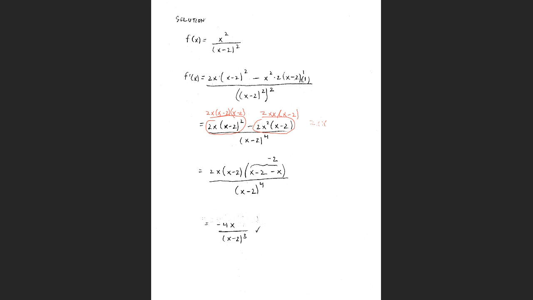So I've written each term out in the factored form. And what I do is I say, okay, they each have a 2. They each have an x. And each of them has an x minus 2. And so that means that your greatest common factor is 2x times x minus 2.